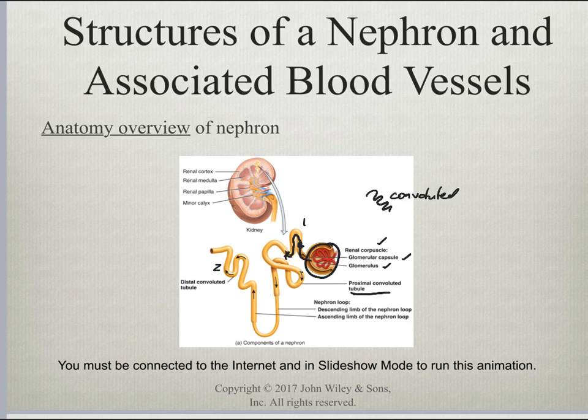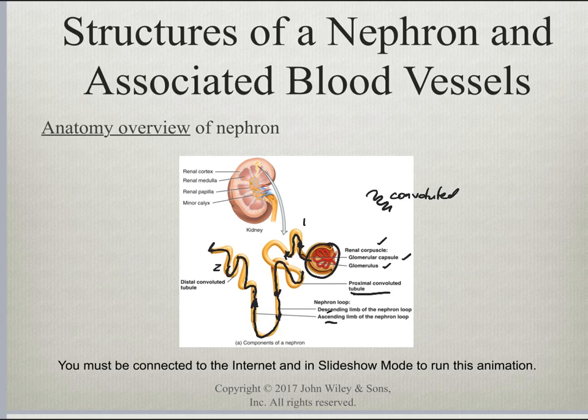And then we're going to travel down and hit our nephron loop, or loop of Henle. They're pretty much named just on the direction of the filtrate. We have the descending limb, and as we hit that loop and go up, we have the ascending limb. And then we hit our next squiggly tubule that's going to take us further away from the nephron, and it's called our distal convoluted tubule.